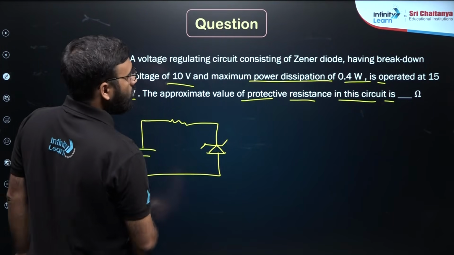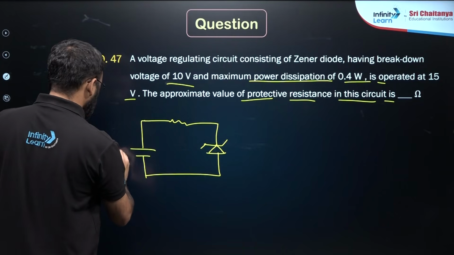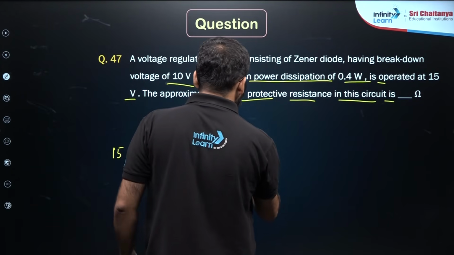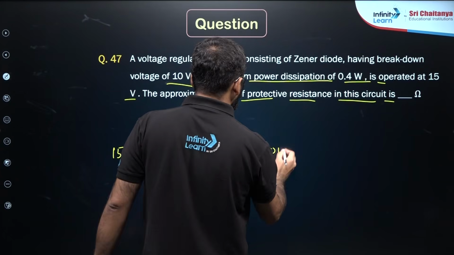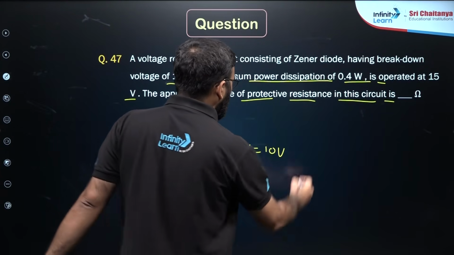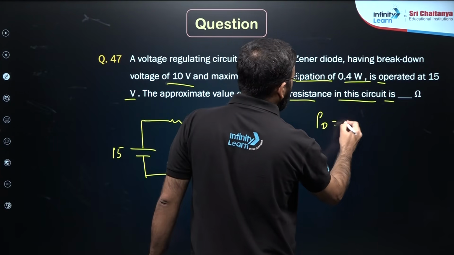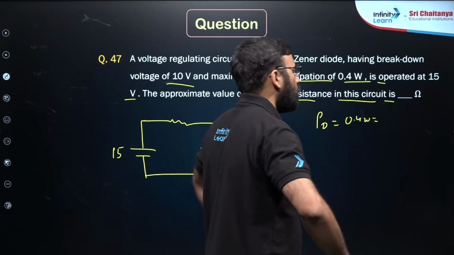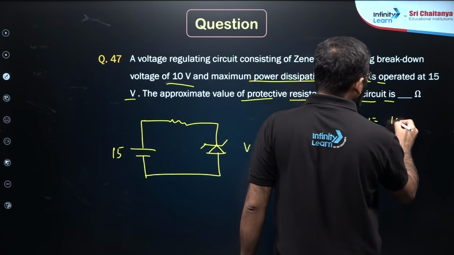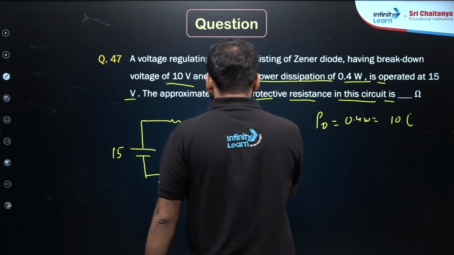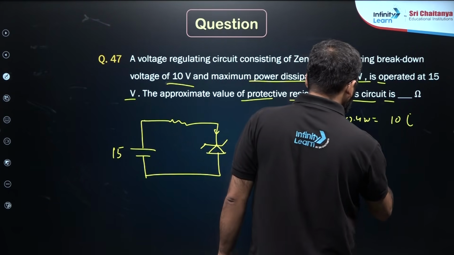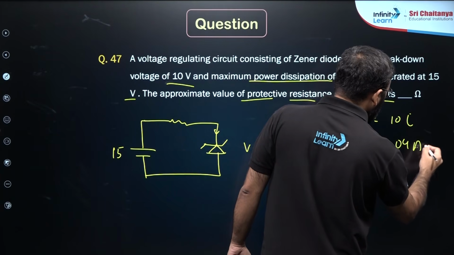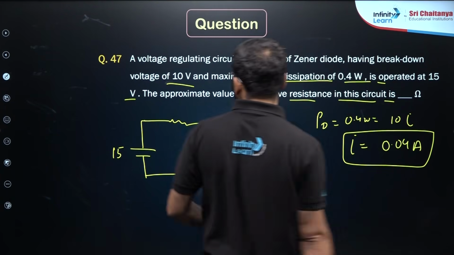So voltage operates at 15 volt, Zener diode breakdown voltage 10 volt, and power dissipated PD equals 0.4 watt. P equals V into I, as all of you know. So 10 into I. So how much current flows in this circuit? So I equals 0.04 ampere.